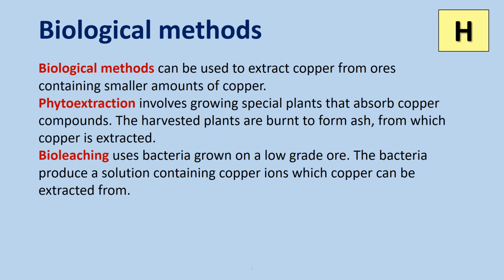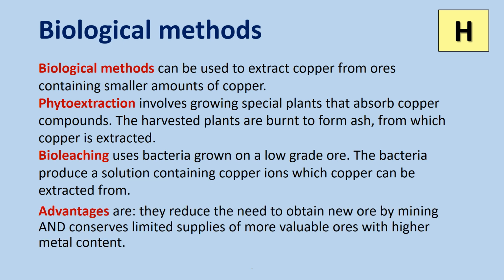The bacteria produce a solution containing copper ions which copper can be extracted from. The advantage is that they reduce the need to obtain new ore by mining and conserve limited supplies of more valuable ores with higher metal content. But they do take quite a long time.